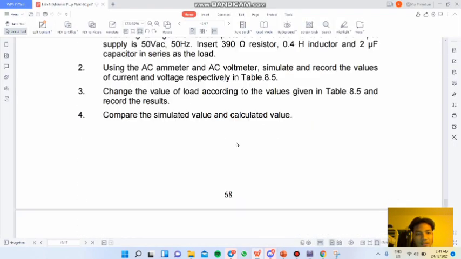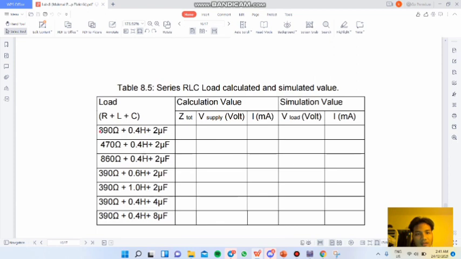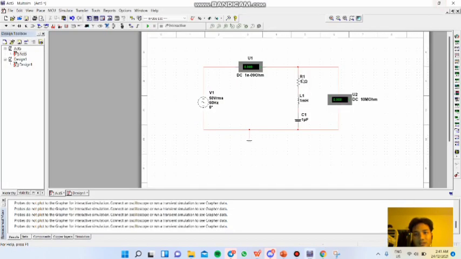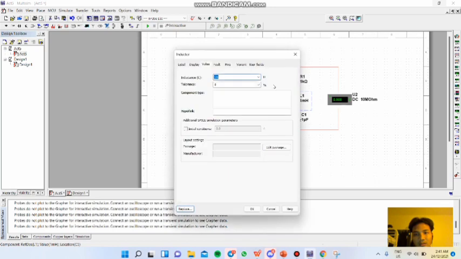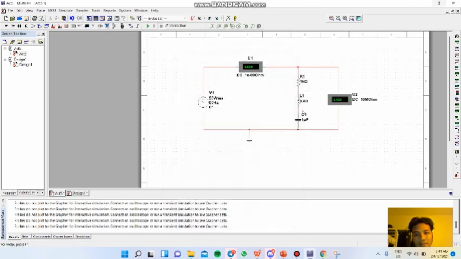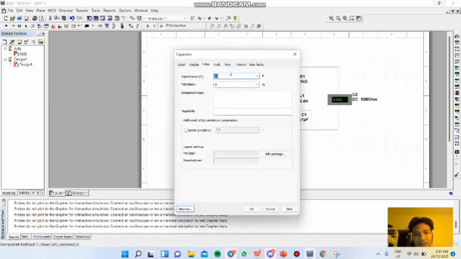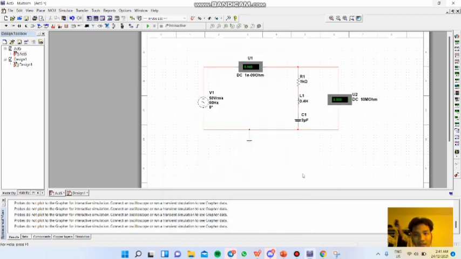I will show, for example, we use 390 ohm, 0.4 Henry and 2 microfarad. The inductor is 0.4 and the capacitor is 2 micro. Then we can run the simulation.